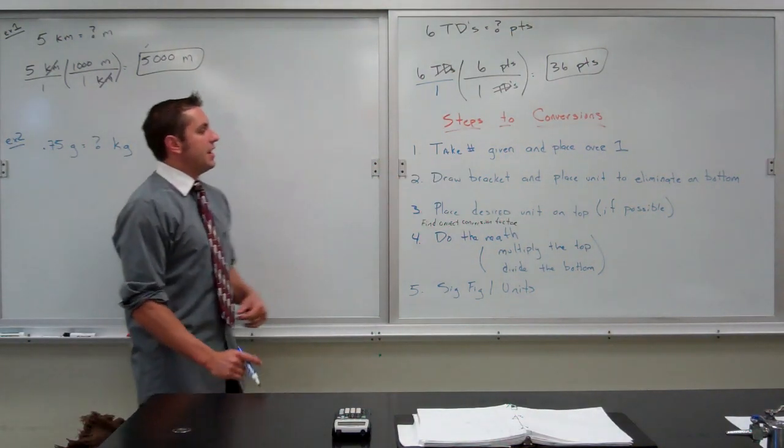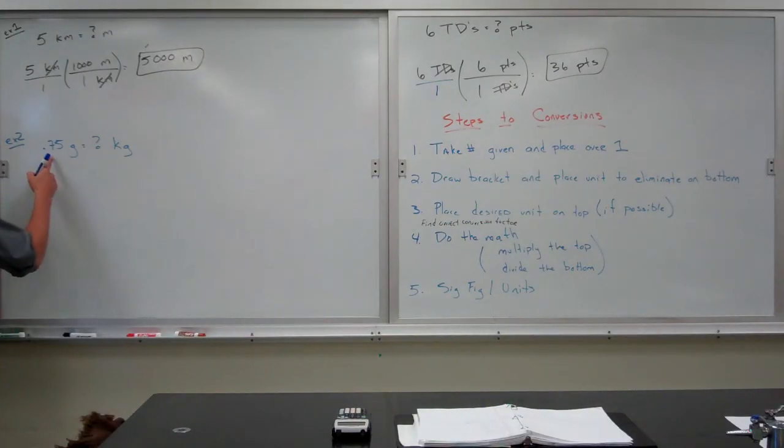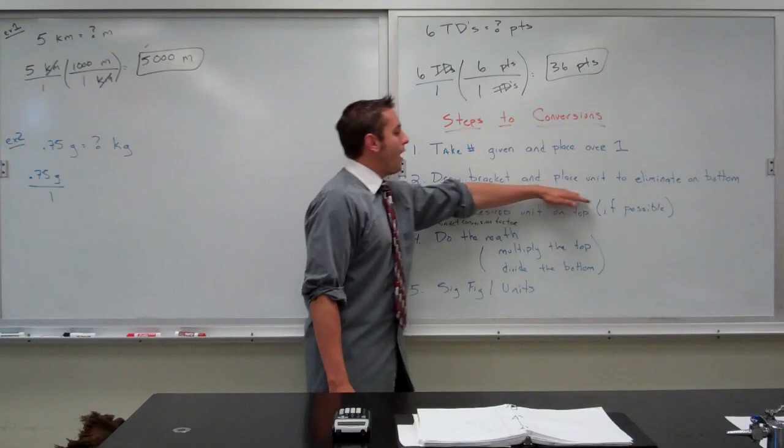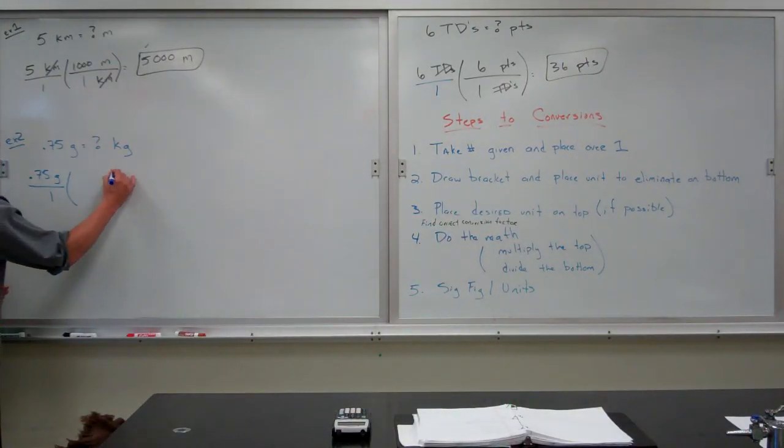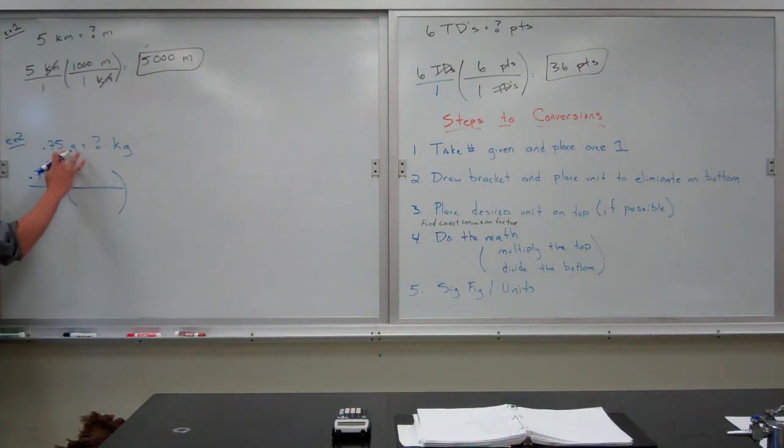Step 1 says take the number given and place over 1. Number given is 0.75 grams. Place it over 1. Step 2, draw brackets and place unit to eliminate on the bottom. Draw my brackets. I'm trying to get rid of grams, so I'll put it on the bottom. It's always canceling opposite.